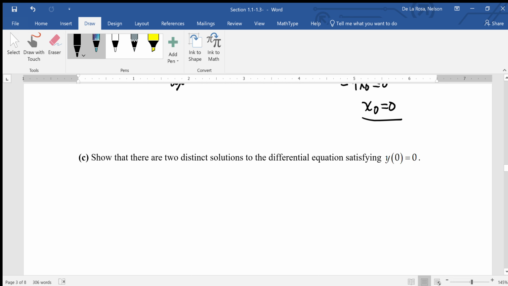Part C. Show that there are two distinct solutions to the differential equation satisfying y at 0 equal to 0.